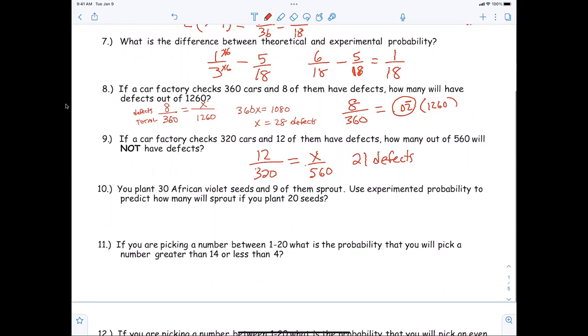We want the ones that don't have defects. So it's 560 minus 21, 539. All right, guys, you got to help me if you don't know. 539 have no defects.